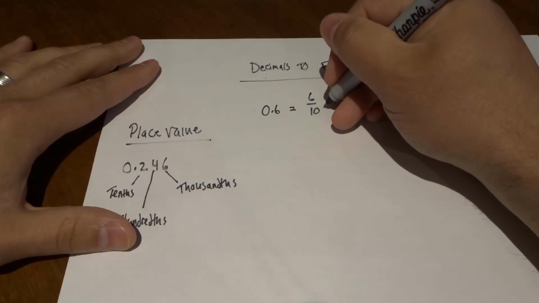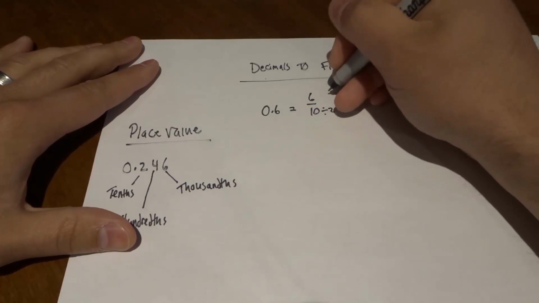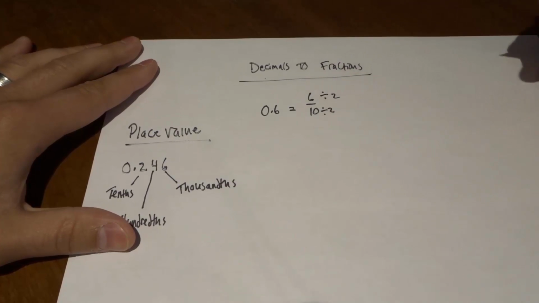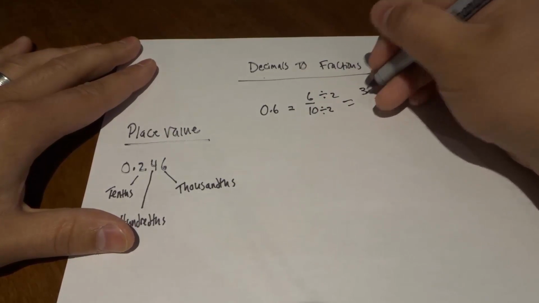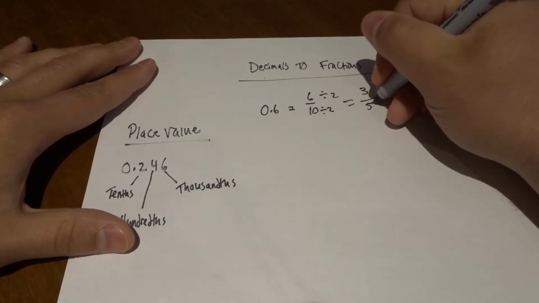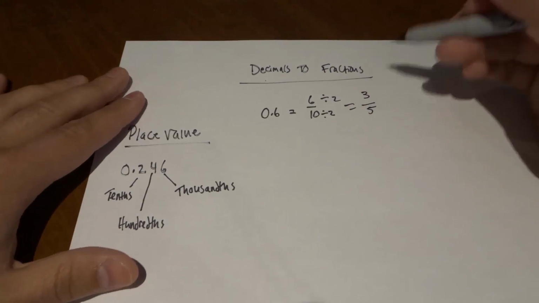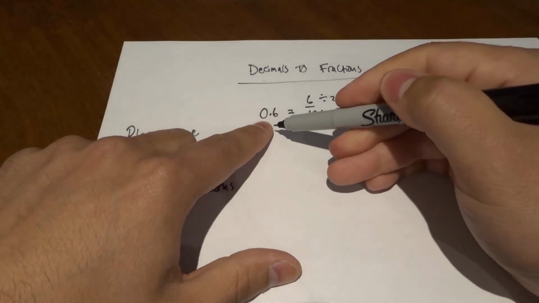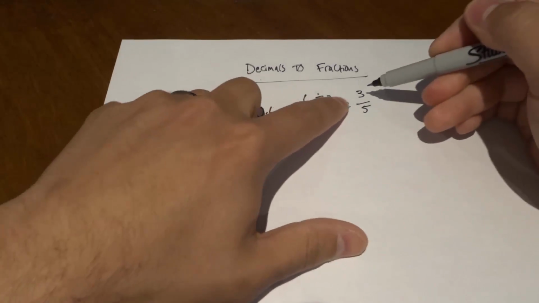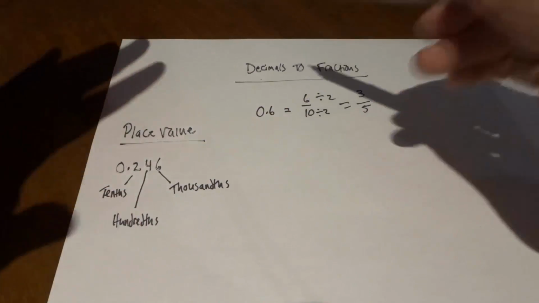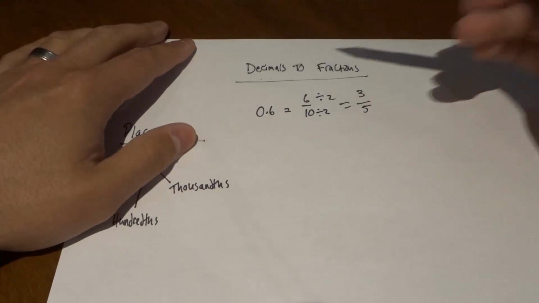So we're going to divide the 10 by 2, and we're going to divide the 6 by 2. 6 divided by 2 is 3, and 10 divided by 2 is 5, and that is a lower fraction. So we've converted 0.6 to 6/10, and then we've converted it to 3/5. As you can see, that is converting a decimal to a fraction.